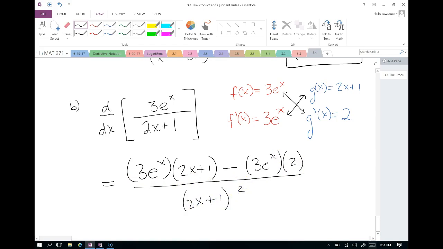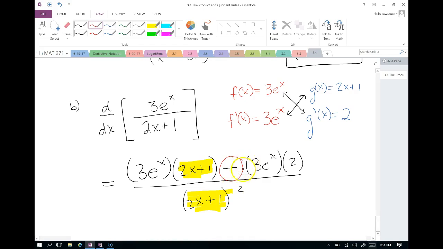Now, one thing I want you to be very careful of is these do not cancel. You are always going to see a g in the top and a g squared in the bottom, but you cannot cancel them because of that subtraction right there. That original g in your numerator is only part of one of the terms.